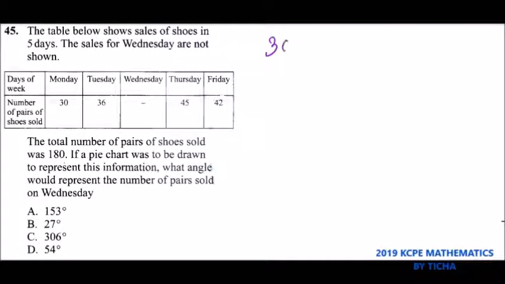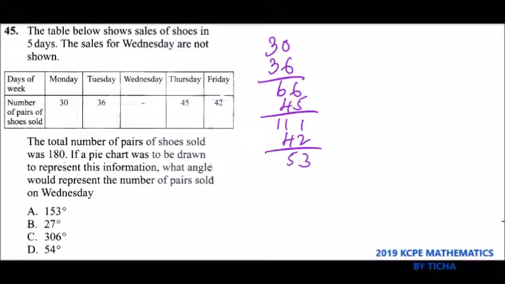So we have 30. Monday we had 36, so that will give us 66. We add 45, that will give us 111, and then finally we have 42, and that will give us 153.